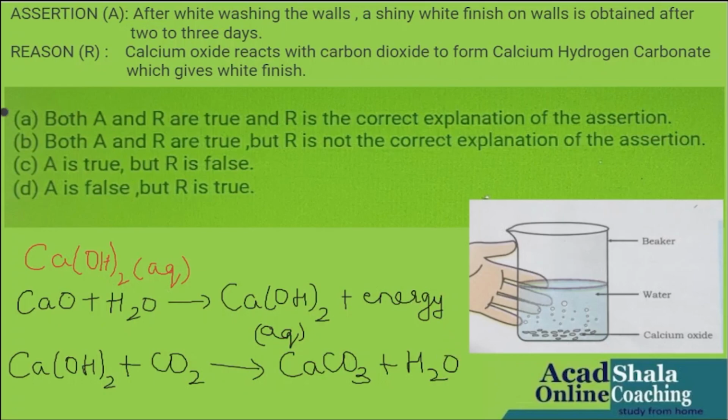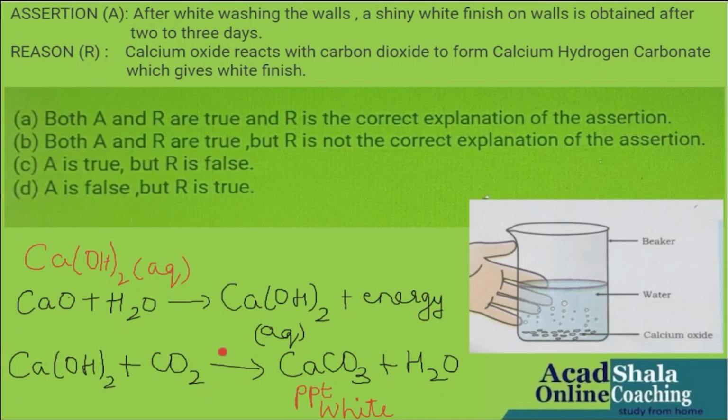And one more thing I know, that this is a precipitate formed. Which color? White. And this equation also shows that lime water turns milky when carbon dioxide is passed through it. That also I know very well.